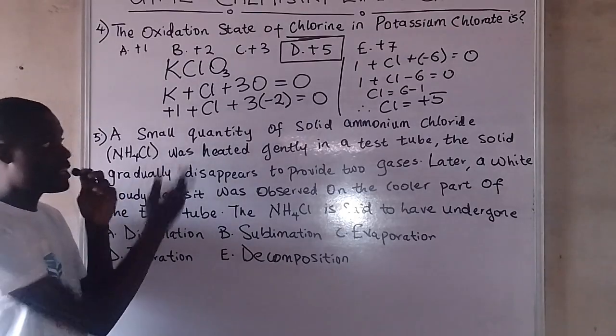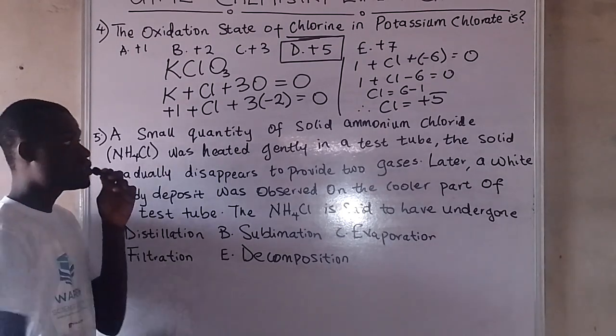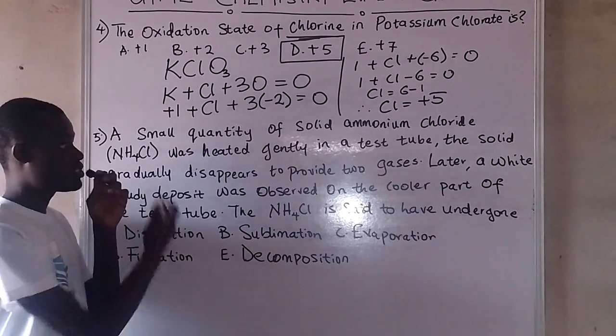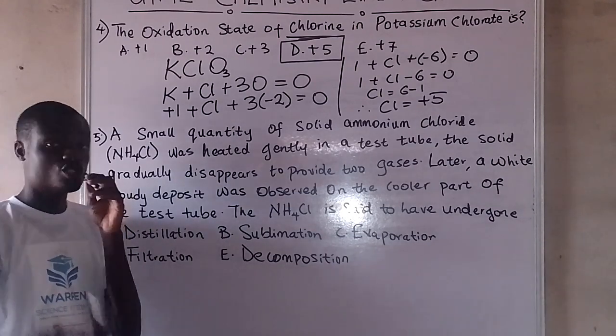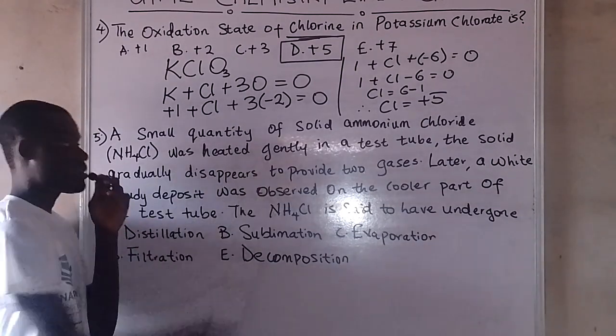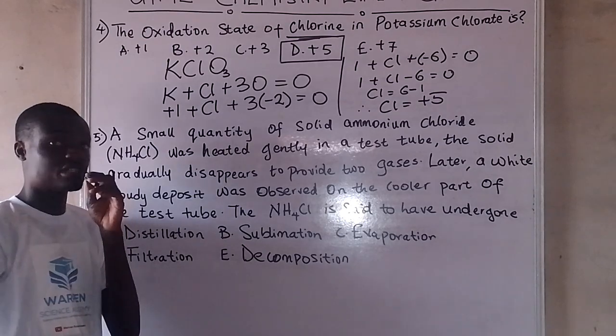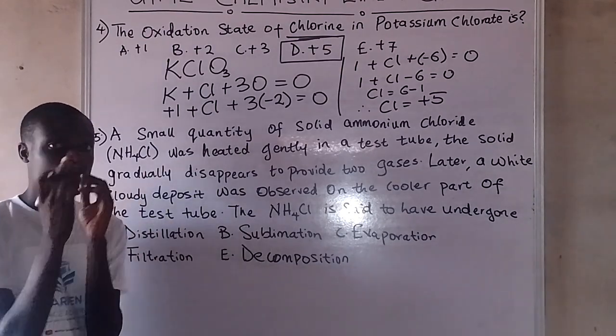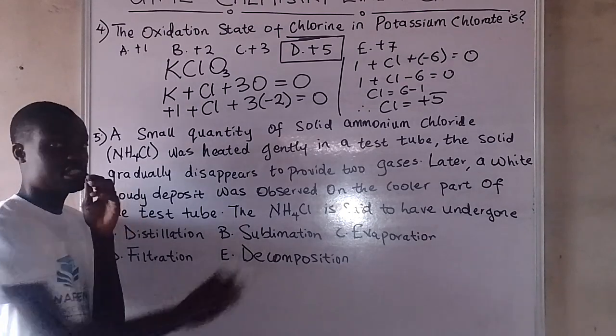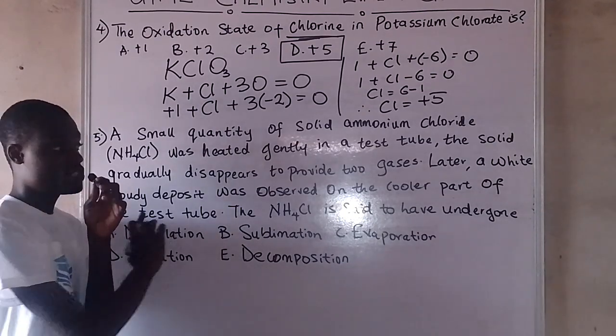Moving on, our fifth and last question is: a small quantity of solid ammonium chloride, NH4Cl, was heated gently in a test tube. The solid gradually disappears to provide 2 gases. Later, a white cloudy deposit was observed on the cooler part of the test tube. The ammonium chloride is said to have undergone which of these separation techniques? Now, these are various separation techniques.